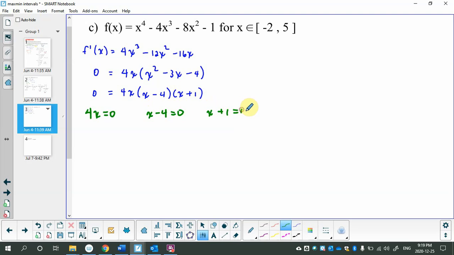X plus 1 is equal to 0. This is the tricky one. We end up with x equals 0. X equals 4. X equals negative 1. Okay, I'm a little upset by this because all three of my values are within my window. So that means I have to find y values for that.